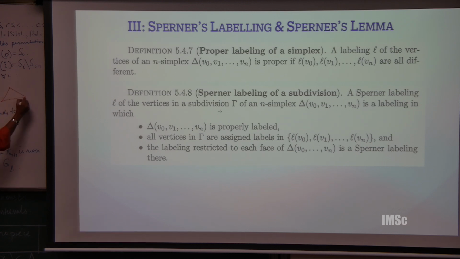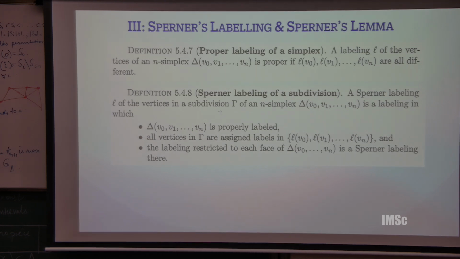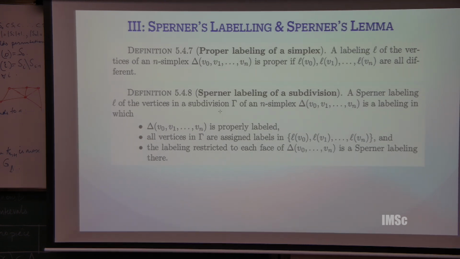The faces will only intersect at points, or this is not valid. Something like this, let us say. So, L of V1 is distinct from L of V2 and distinct from L of V3.